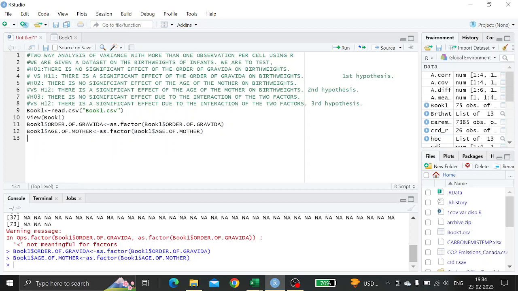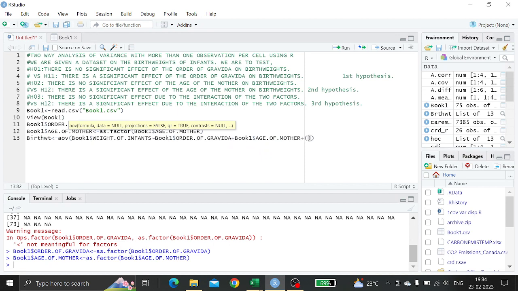Now let me give it a name, birth weight. I use the aov function. First we enter the formula, and the formula is our response, which is being influenced by the factor order of gravida plus another factor age of the mother and their interaction.